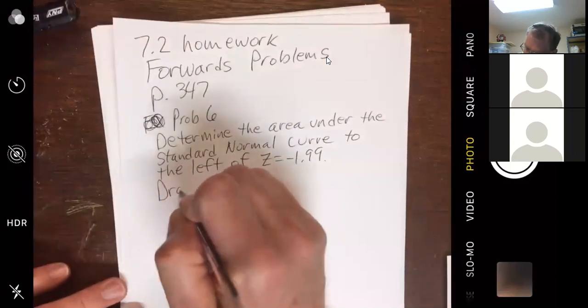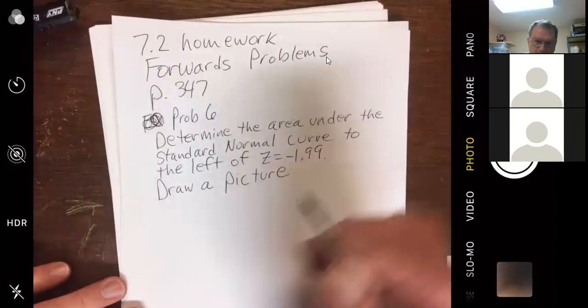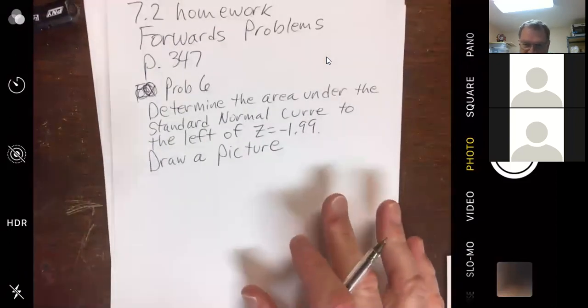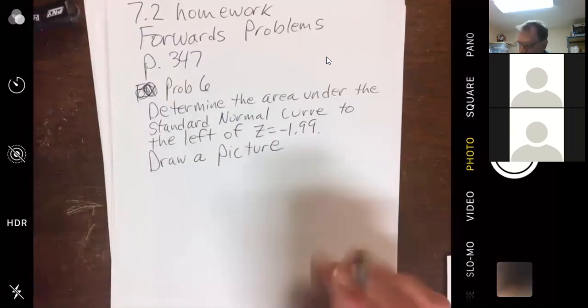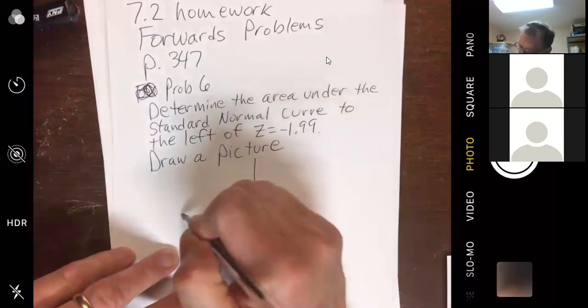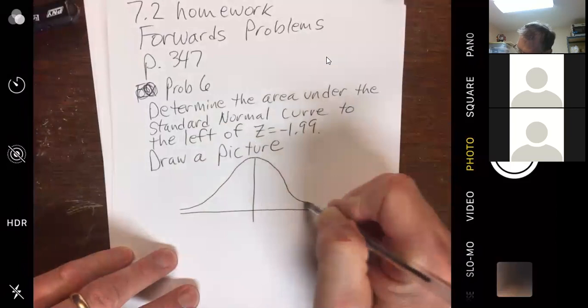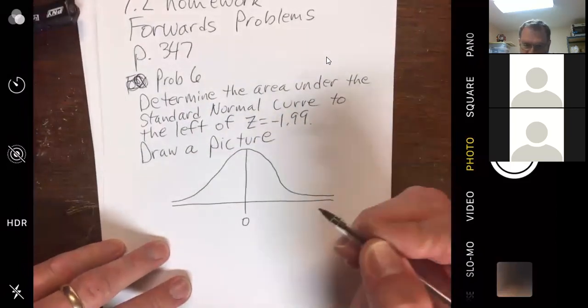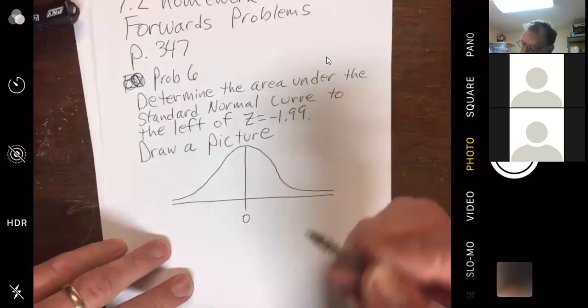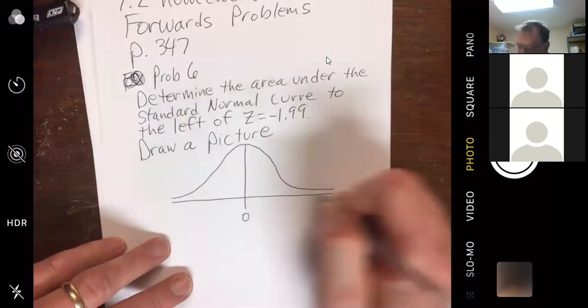Draw a picture. Cannot emphasize that enough. I always draw pictures. Pictures look the exact same way. Normal curve, zero's at the center. Just like a number line, negative numbers that way, positive numbers that way.